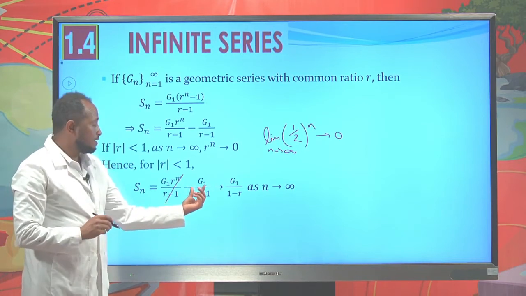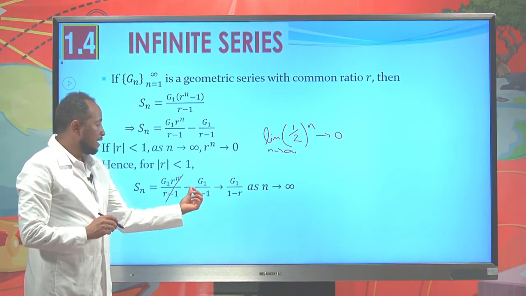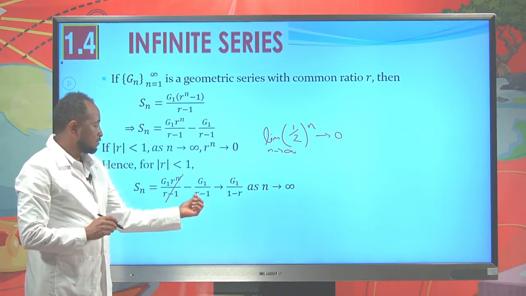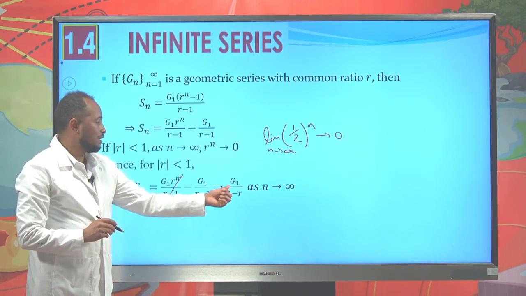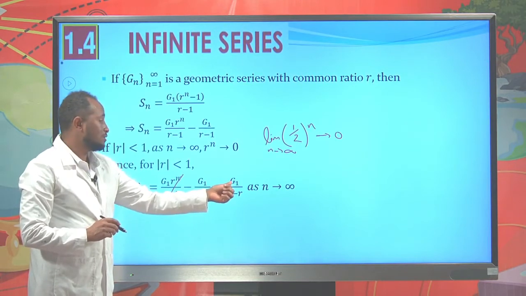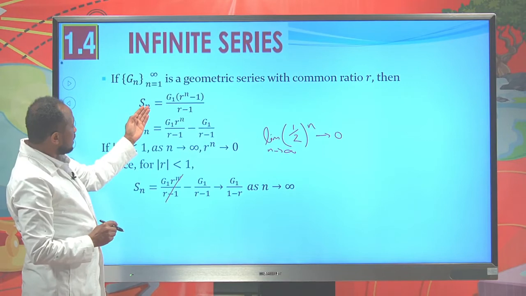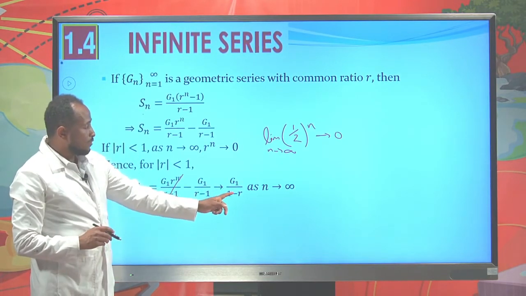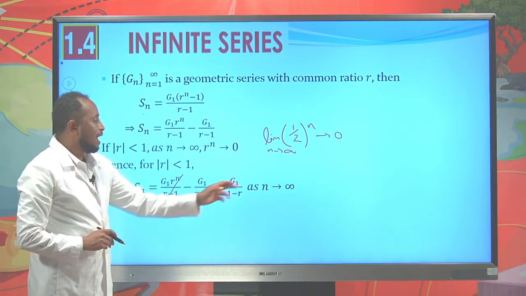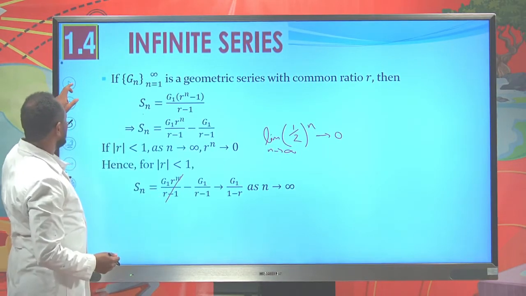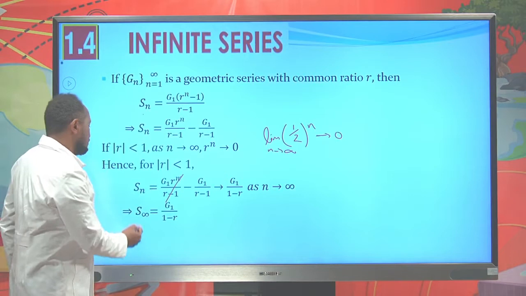So the remaining part is only this part, minus g1 over r minus 1. Taking the minus to the denominator, you get g1 over 1 minus r. So this Sn will go to g1 over 1 minus r as n goes to infinity. So finally, you will have this formula.